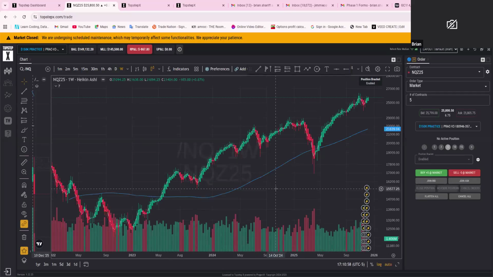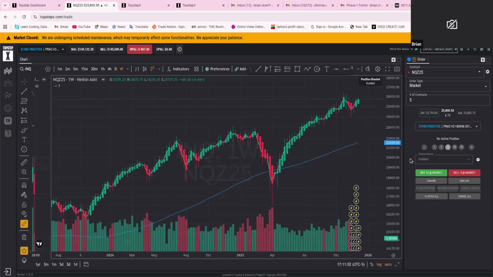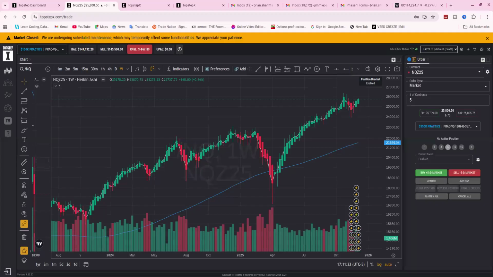What we're doing is top down analysis, and the reason we do top down analysis is to look at certain levels, certain key points that price hit, that price may have the potential to go to.